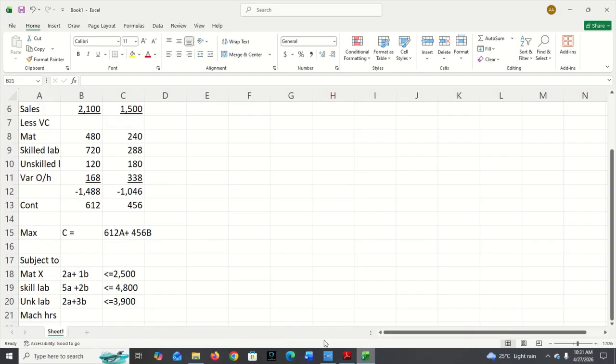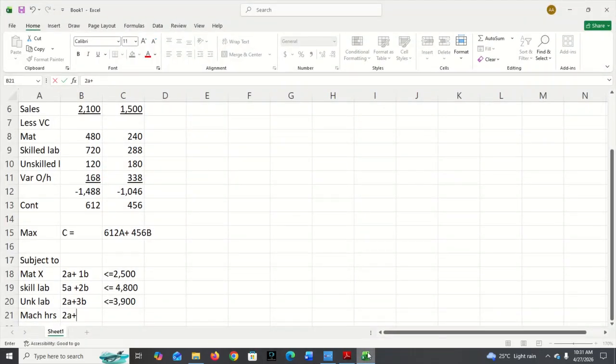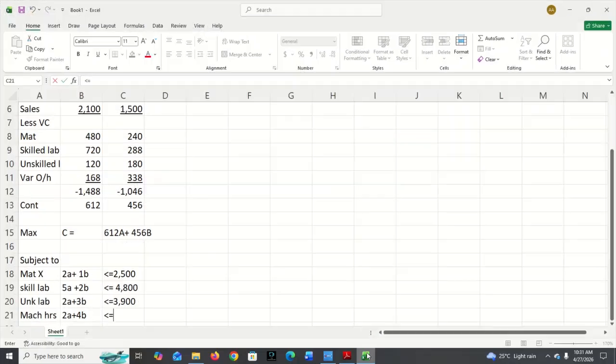So 2A plus, then we have 330 divided by 84 will give us 4, plus 4B. Then less than or equal to, what's our total amount here? We have 5,000 hours. Okay, so 5,000.